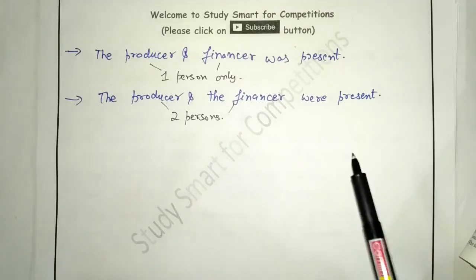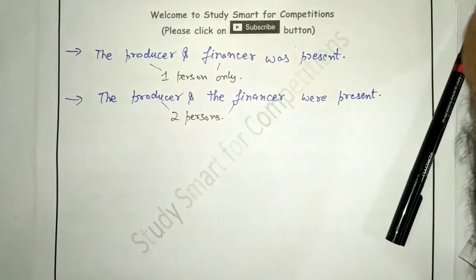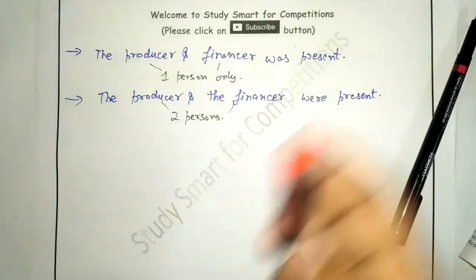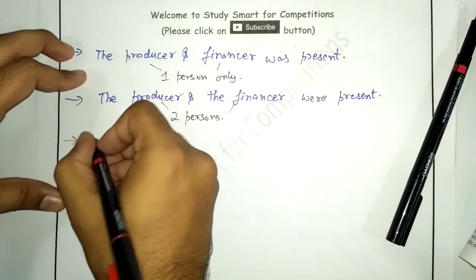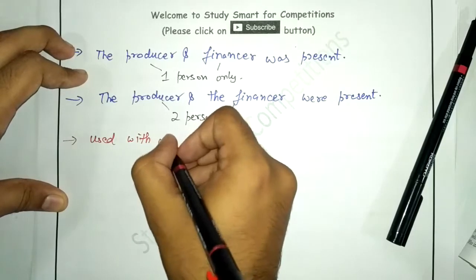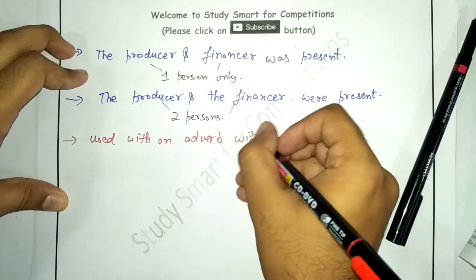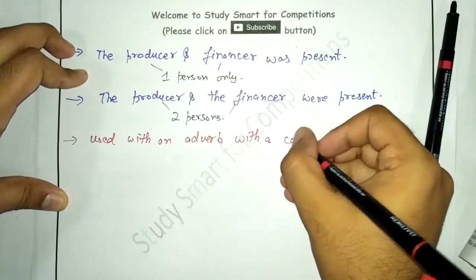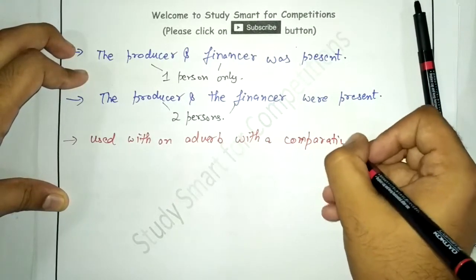The is also used as an adverb with a comparative, like the more she gets, the more she demands. So it is used with an adverb as well, with a comparative degree.